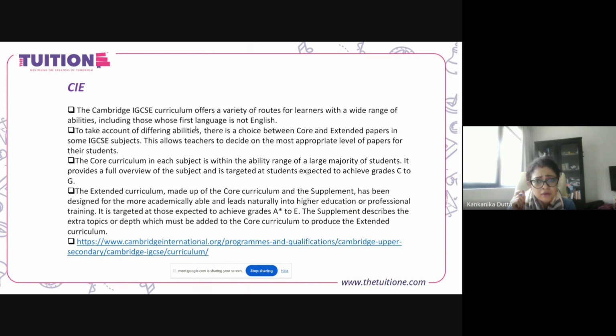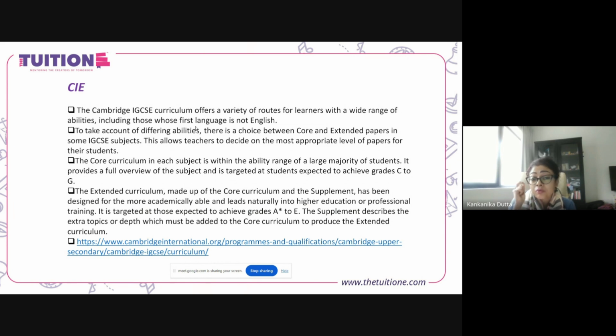Now the Cambridge, they have two types of papers, the core and the extended papers. The core papers are the papers which everyone can attend. This is again comparable to the higher and lower tier papers. The extended ones are for the high achievers and for professional training, people who want to add on, like we do two masters or two grads. Students have to take a minimum of 8 subjects for all these UK boards.